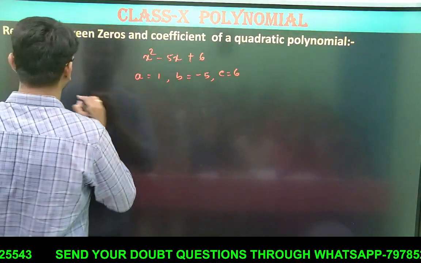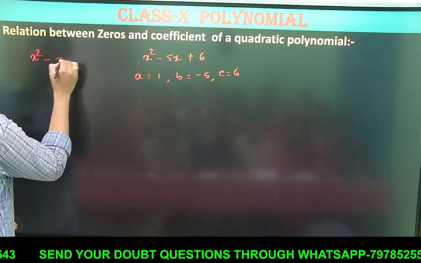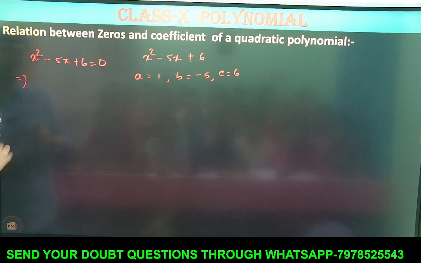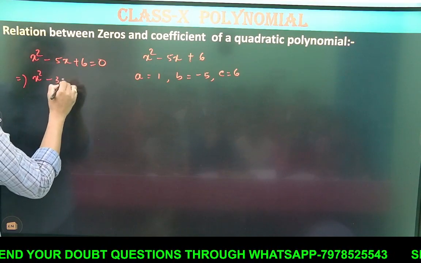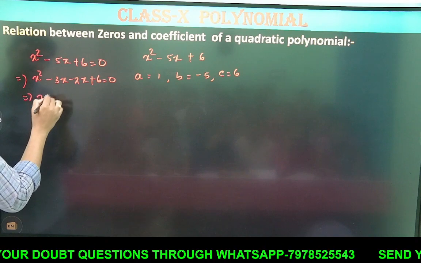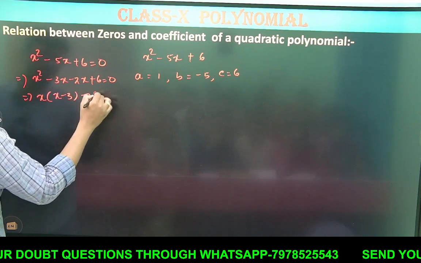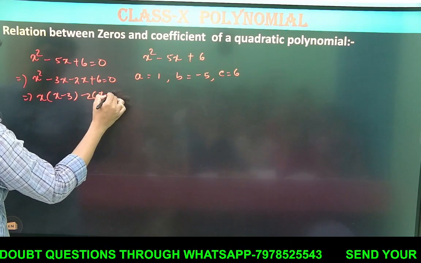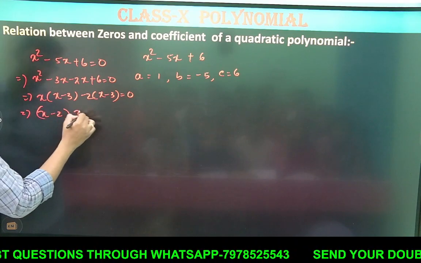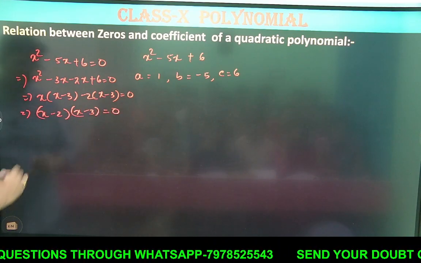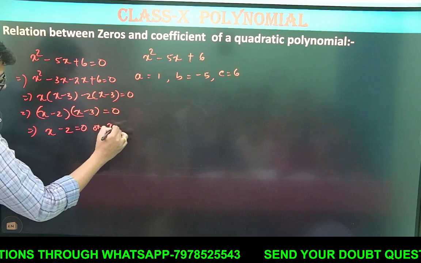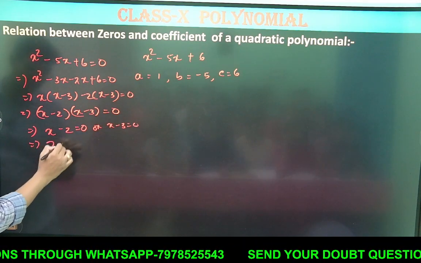So we can factorize by middle term factor. Then x minus 2 equals 0 or x minus 3 equals 0, hence x is 2 or 3.